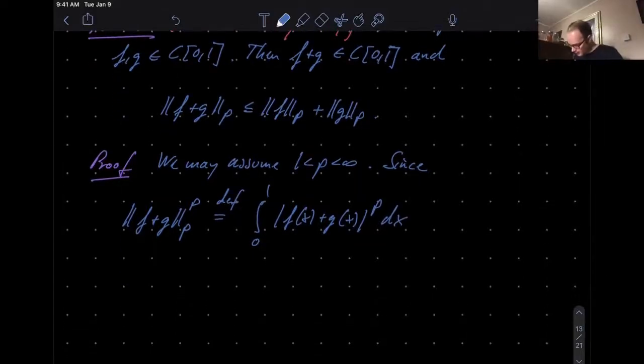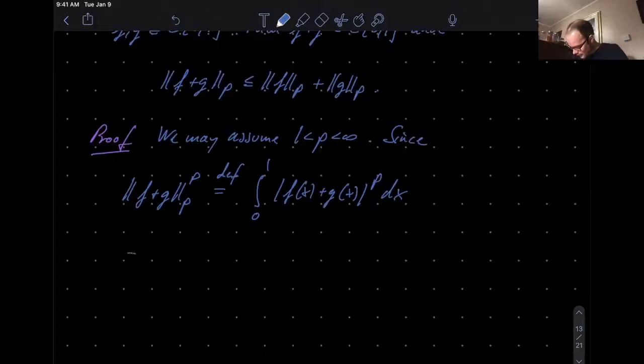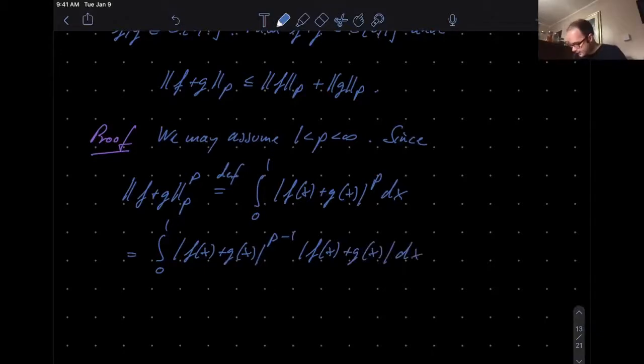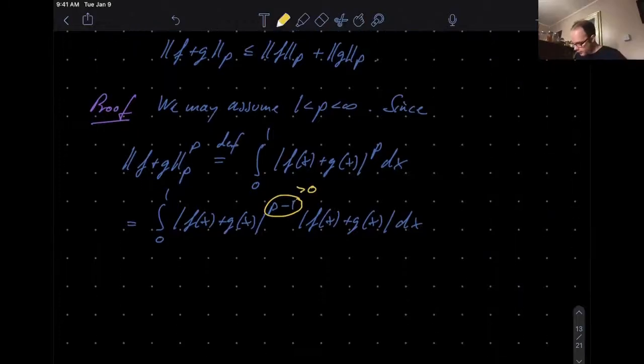Now a little trickery allows you to write this as the integral of |f(x) + g(x)|^(p-1) times |f(x) + g(x)| dx. Here we use that p is different from 1, because that means this exponent is strictly positive.